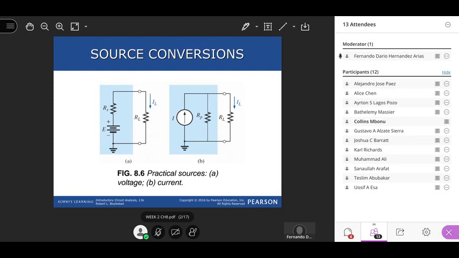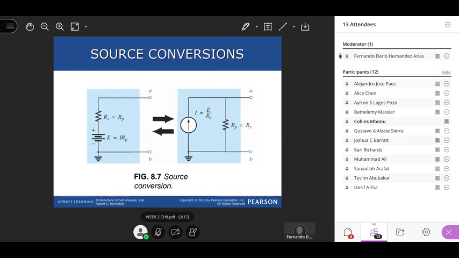So with source conversion, last time we converted a practical voltage source into a practical current source. And we explained the procedure, which was basically using Ohm's law, right?